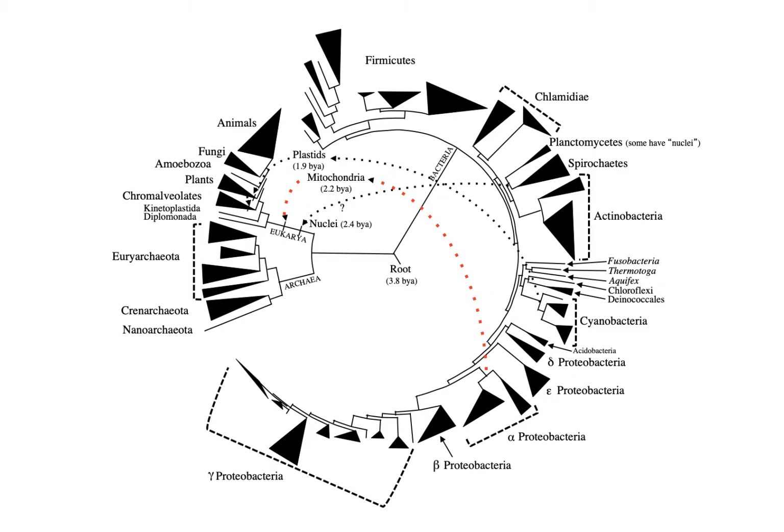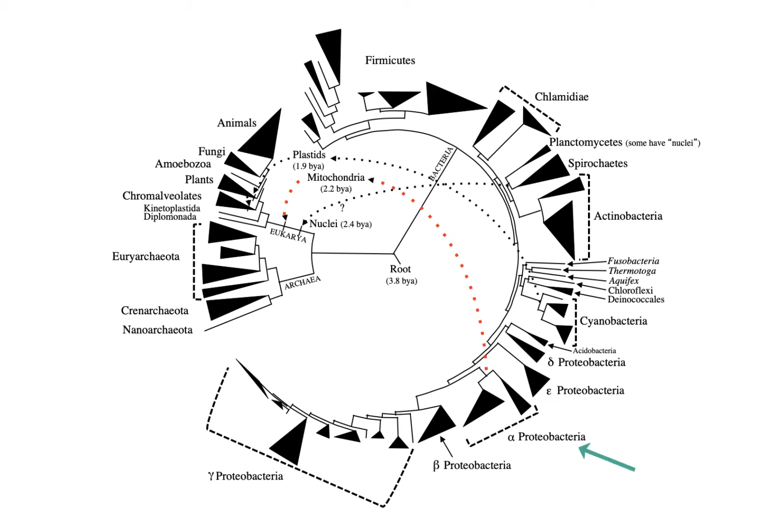Here is a tree of life, or overall phylogenetic tree, showing the bacteria essentially taking up about 2/3 of the right-hand side of the tree, and then the archaea and eukaryotes on the left side.